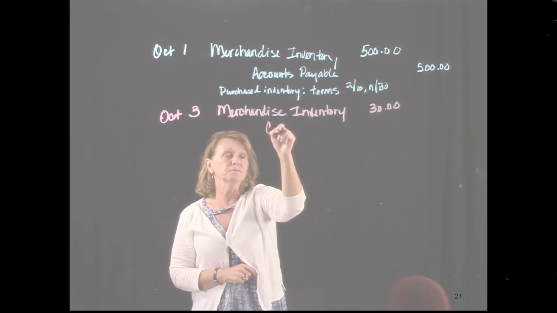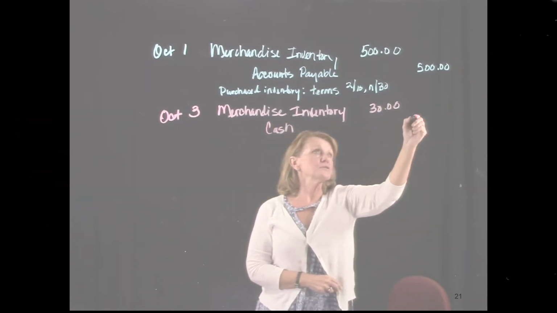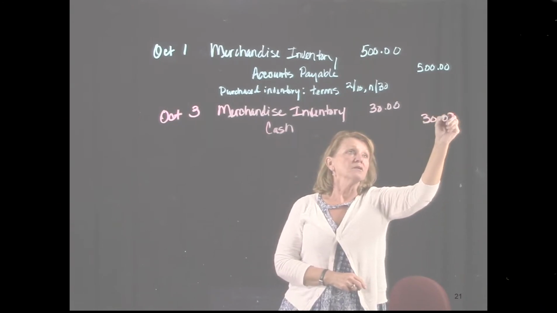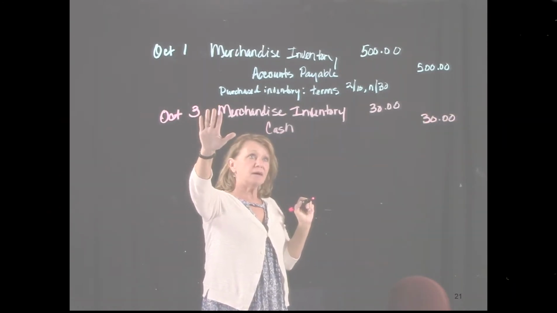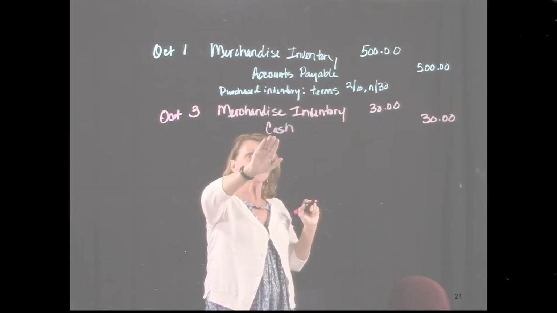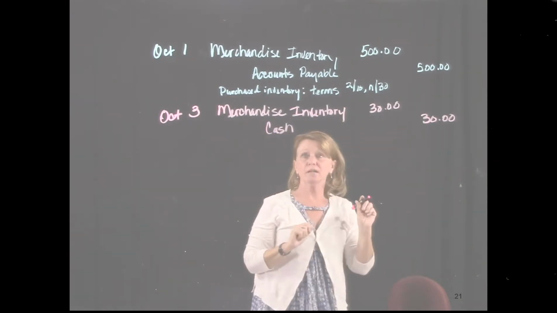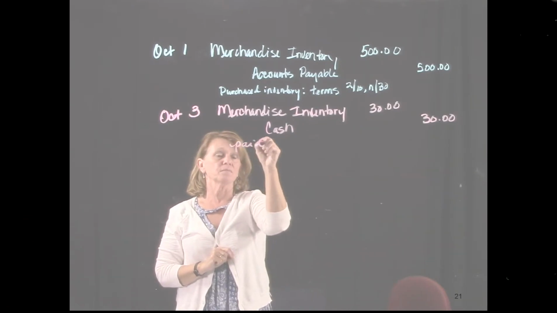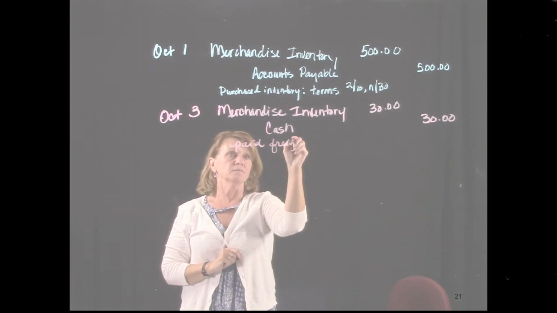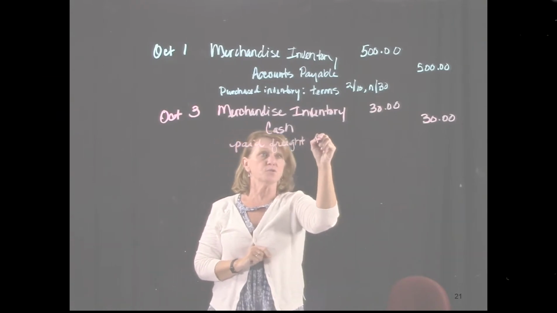Cash, $30. Notice I debited merchandise inventory, an asset account, and increased it by $30. I credited cash for $30, and we paid freight for inventory.